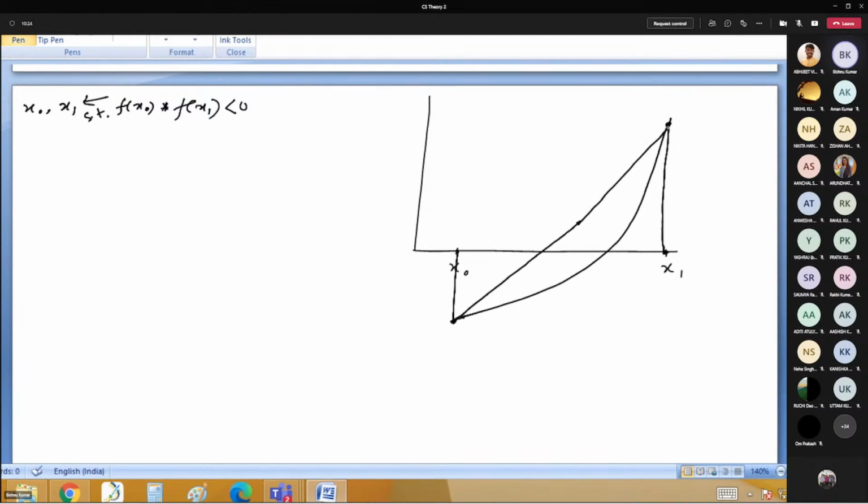Suppose that chord looks like this. Okay, and that chord is where it will cut the x-axis. That is my updated point, and that updated point I rename as x2. x2 is not here the middle point. So can you tell me, can you calculate that x2 with the help of x0, x1, f, and this graph is the f(x).